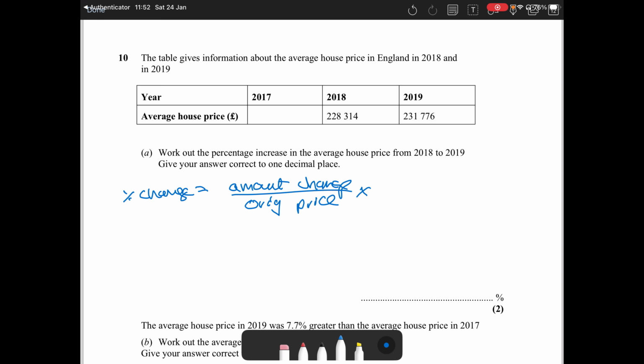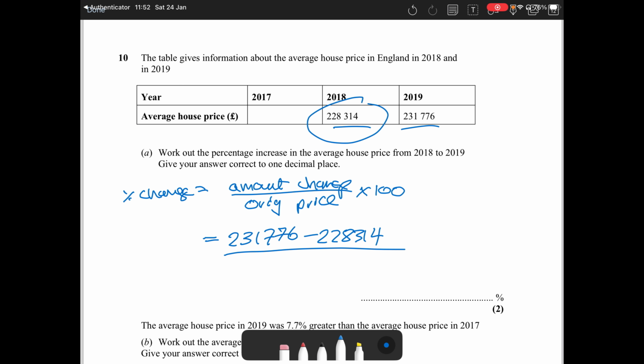So let's start substituting. How much did this change by? It changed by that minus that, right? 231,776 take away 228,314, as a fraction over the original price, right? 2018. I know it's 2017, but this has nothing to do with this question. We're being asked, so the original price is the 2018 one.